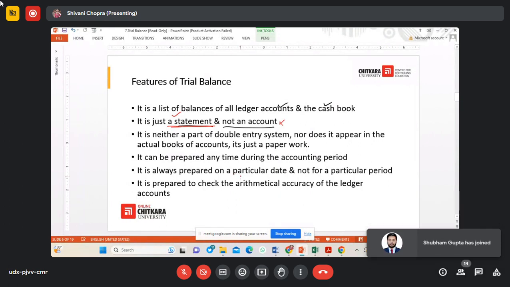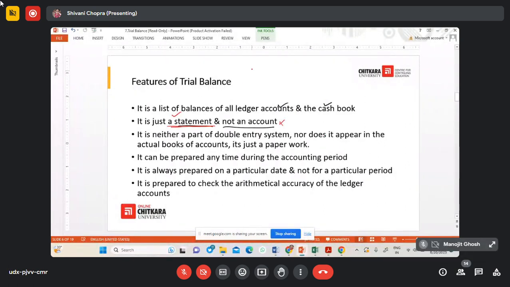So when we talk about financial accounting, we deal with a number of things. For example, you'll be dealing with the income statement as well as the balance sheet. The income statement is the first financial statement.